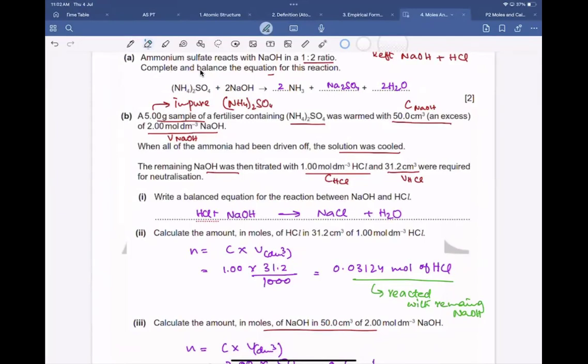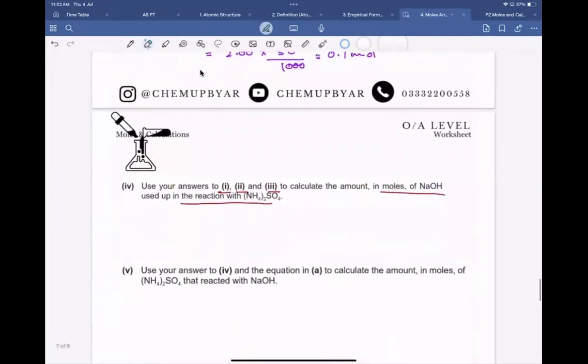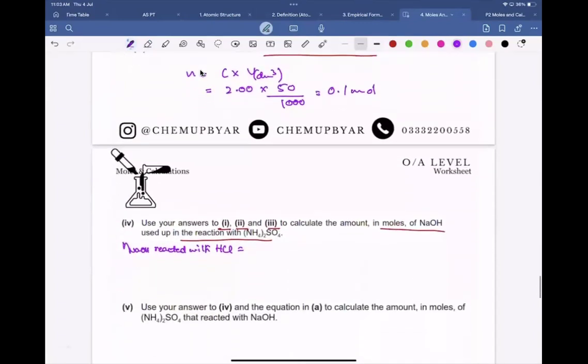Yes. And we know the mole ratio of the HCl and NaOH from equation 1. What is their mole ratio? 1:1. So it means, can I write over here that moles of NaOH reacted with HCl is equal to 0.03124.